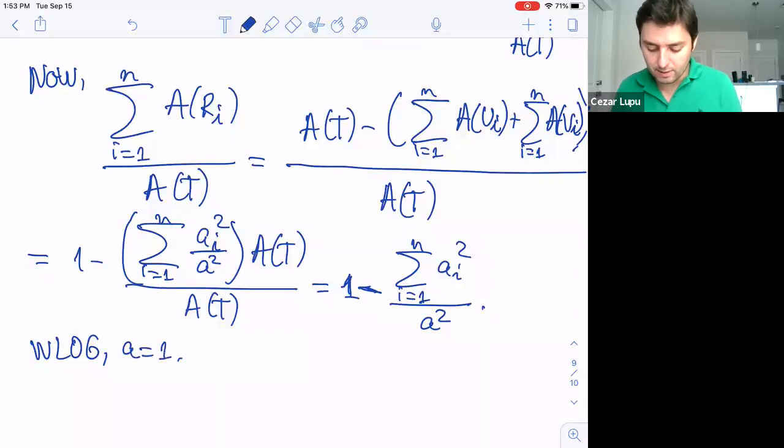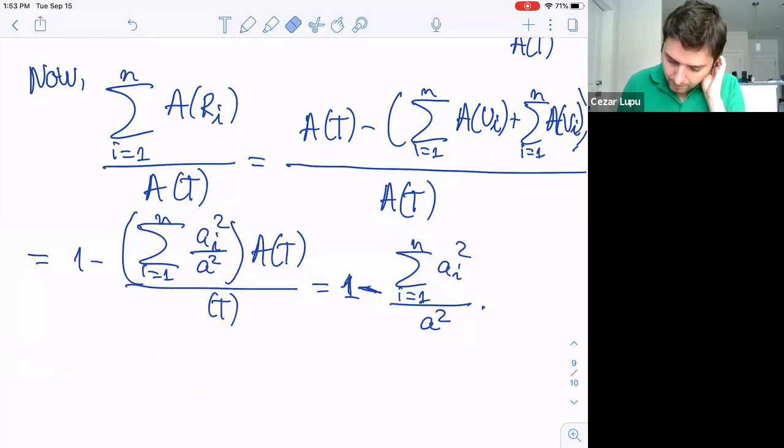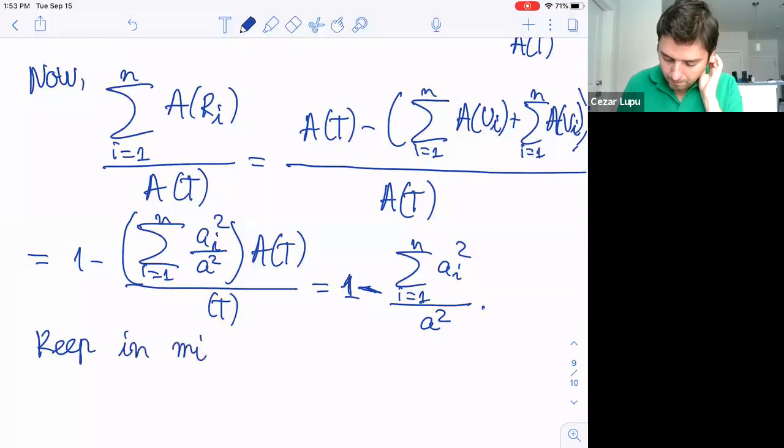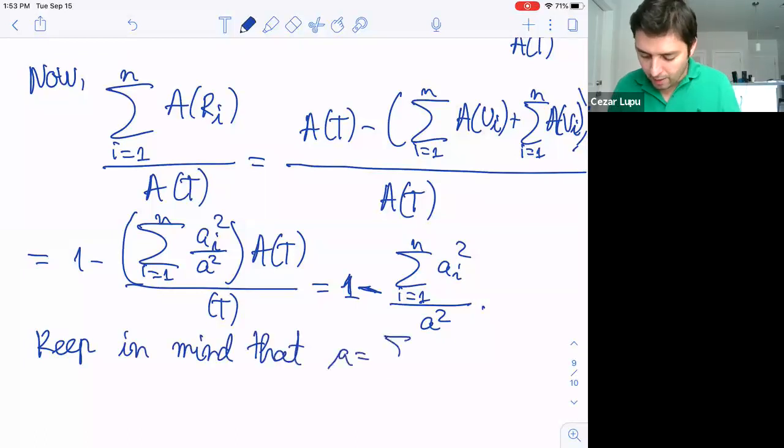Keep in mind that this A is nothing else than the sum of the A_i. Keep that in mind, right? I should have said this earlier.